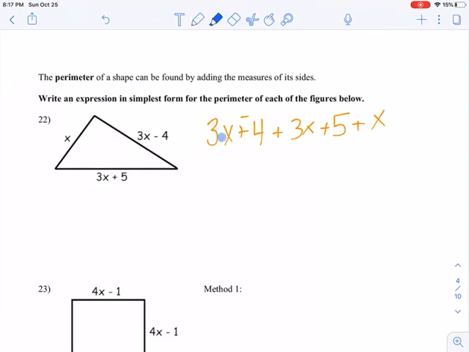It looks like we can add the x's together, and we can add the constants together. All right, so your x's become 3x plus 3x is 6x plus 1 more x is 7x's, and then your numbers are negative 4 plus 5. That gives you a positive 1. All right, so when it's asking for perimeter, just add up all the sides, combine your like terms.